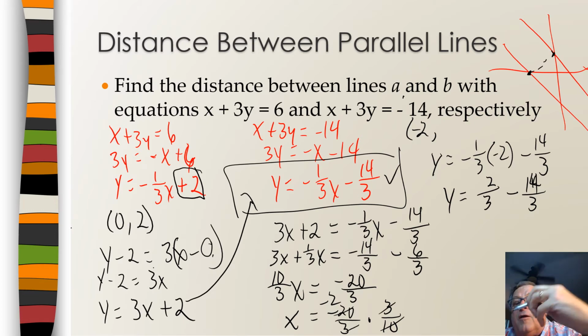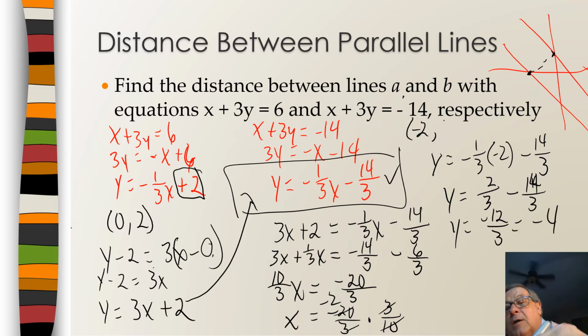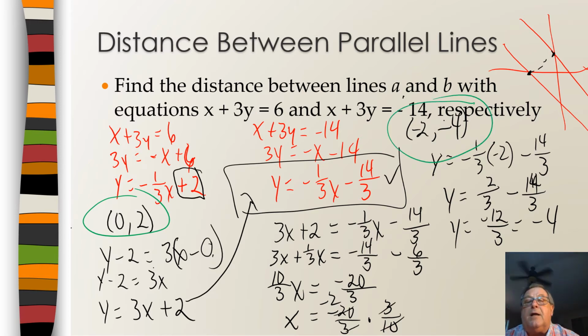And let's see, 2 minus 14 is -12, so we got y is equal to -12/3, which is equal to -4. And so our second coordinate over here is -4. So we're going to use these two coordinates, (0, 2) and (-2, -4), in our distance formula to find the distance between those two parallel lines that we see there with those equations.